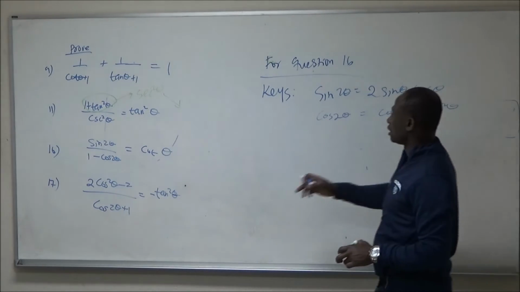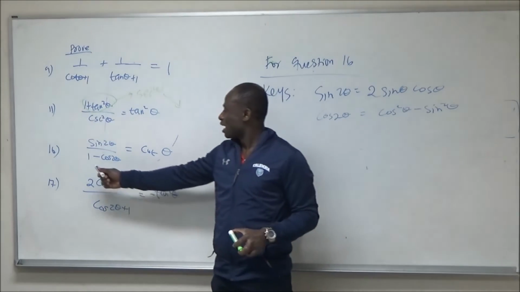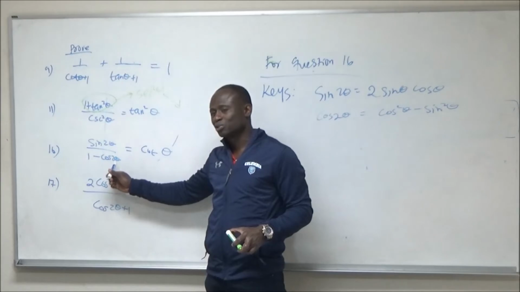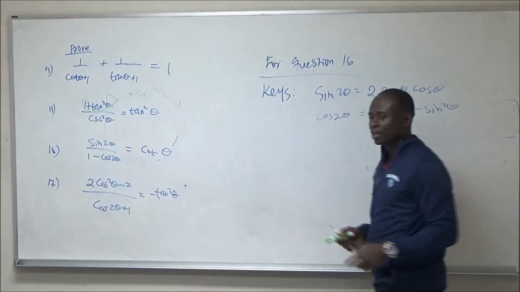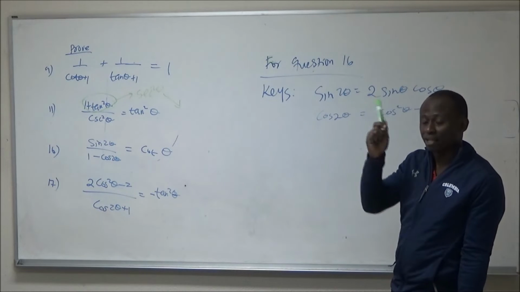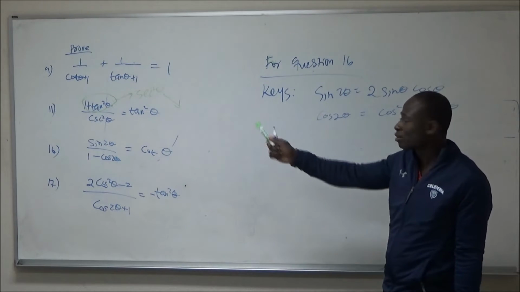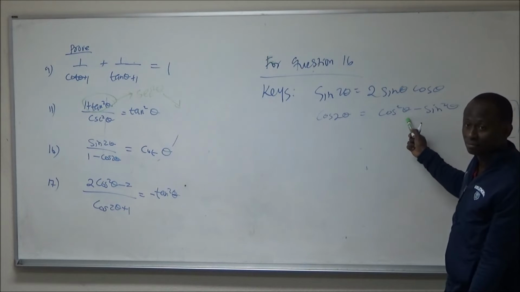So if you put 2 sine theta cos, so that's what I was thinking. If I say 1 minus cos 2 theta, I could think about it this way. If I were doing it in my head, I'd say 1 is the same as cosine squared theta plus sine squared theta, right? And I'm subtracting this from it.